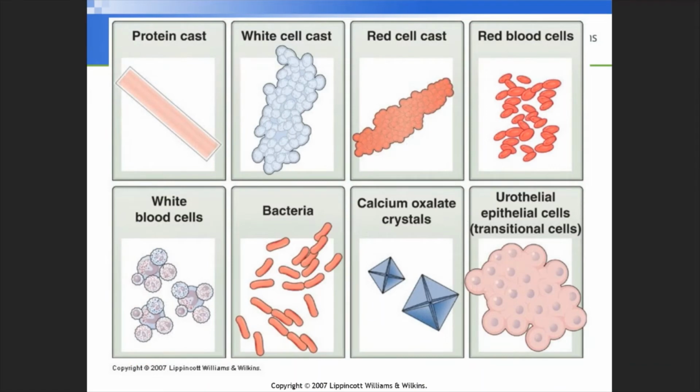Now, oftentimes we can also look for components within the urine. These are known as casts, to tell us something about the kidney or disorders related to the kidney. So your urine should not have any bacteria in there, right?